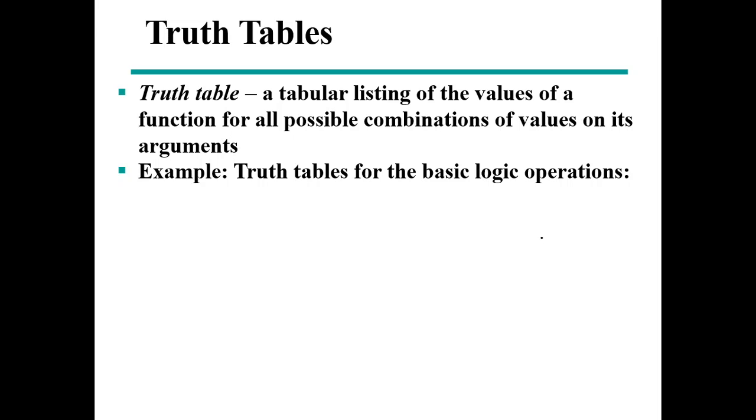If we have a boolean function f that is a function of three boolean variables x, y, and z, the truth table for this function would have 8 entries. Why?